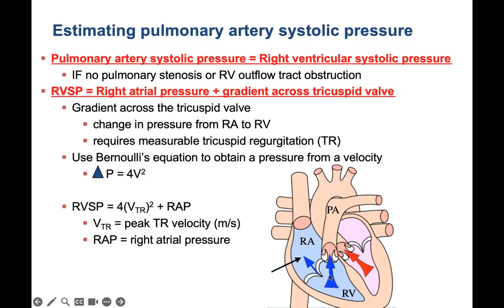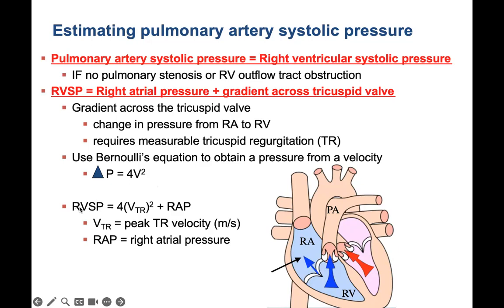And to do this, we are going to get tricuspid regurgitation. So you do have to have a measurable tricuspid regurgitation to measure a patient's PA systolic pressure. And when we get that tricuspid regurgitation, we're going to use Bernoulli's equation, and we're going to convert that velocity to a pressure. So if you remember, it's change in pressure equals 4v squared.